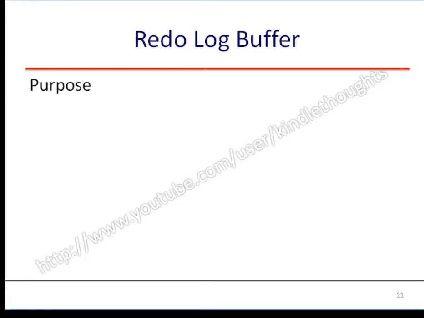Now, just to illustrate this, let's take the example of an update statement. When a user updates a specific row in the table, there are three changes that happen. The first change is that the data in that particular block is changing from an old value to the new value. This is the first change vector.